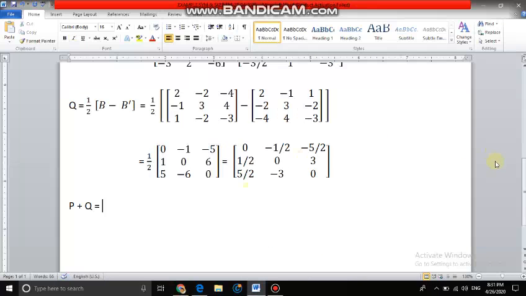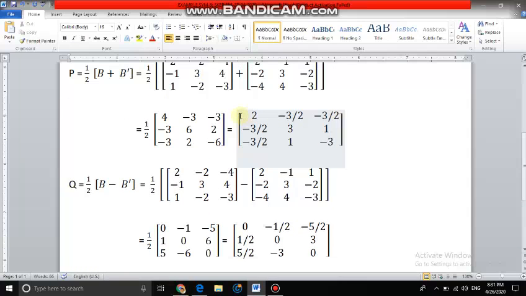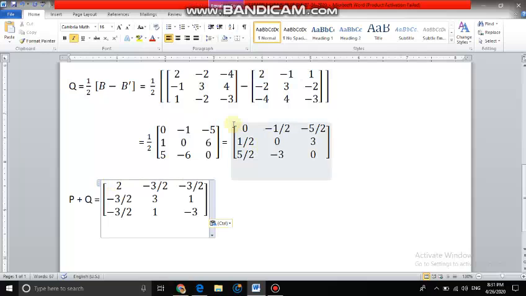So now after getting the matrix P and Q, let me add P plus Q. Matrix P is given by this one after multiplying with 1 by 2. Then matrix Q is given by this one after multiplying with 1 by 2. As I said, you have to add them.